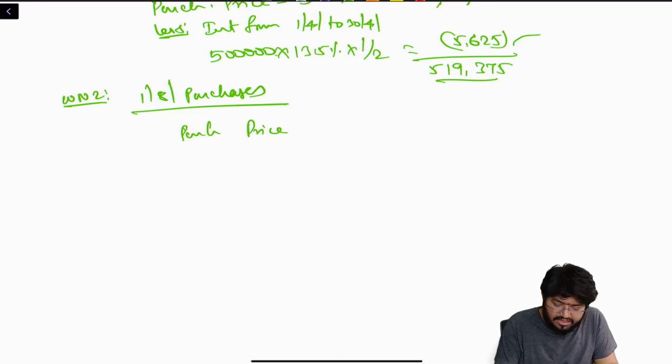What is the purchase price? 2,500 into how much? 102.5. So what is the value? 2,56,250.